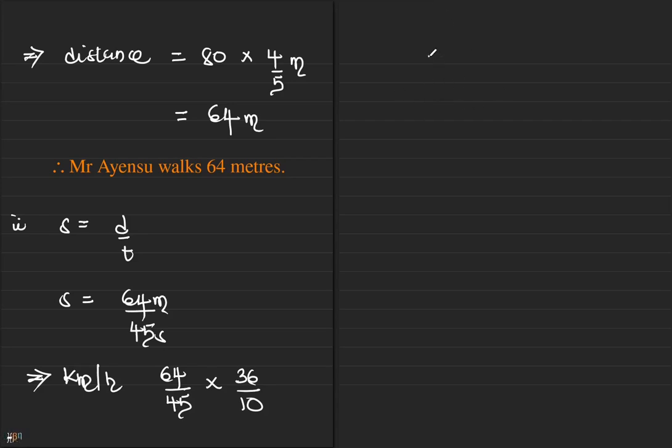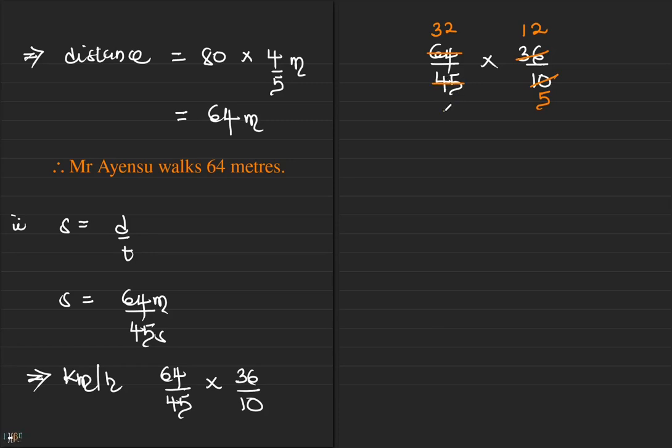Let's simplify that. So 64 over 45 times 36 over 10. We know 2 divides 10 to give us 5. And 2 also divides 64 to give us 32. We have 3 dividing 36 to give us 12.